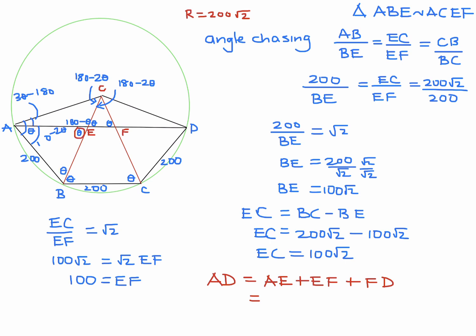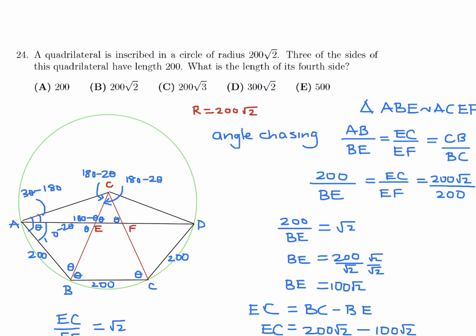So that means AE is the same as AB, which is 200. EF we actually got right there, so that's 100. And then FD, because of the symmetry of this diagram, you'll be able to show that FD is the same as DC. So that's 200. And therefore, adding it all up, we get AD is equal to 500. And 500 for number 24 is choice E.